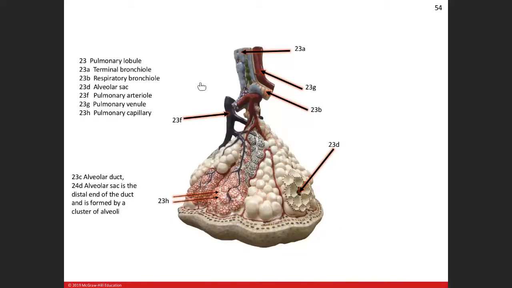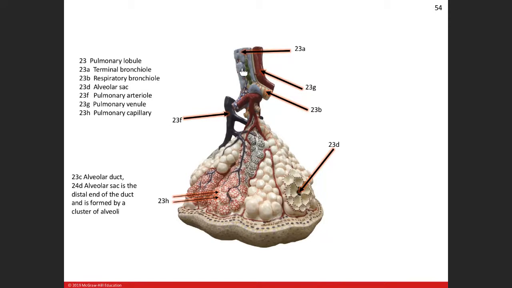So here you can see, on this one, this model is a little bit different than what I was just showing you. Here you can see the terminal bronchiole coming down.